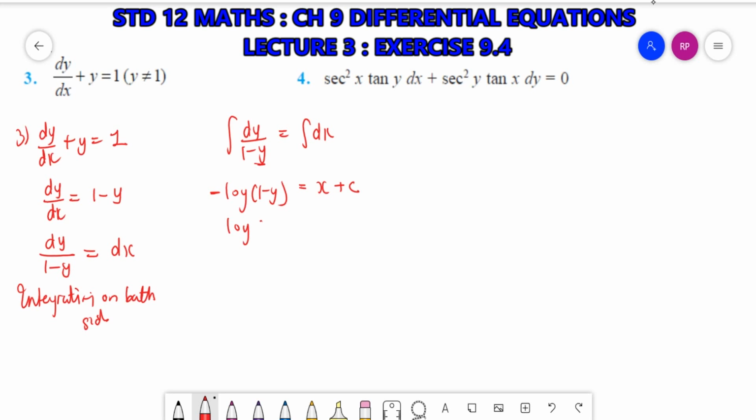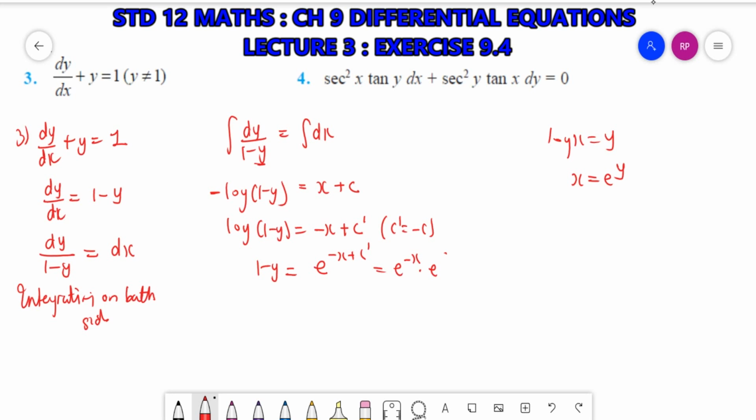So log of 1 minus y equals minus x minus c, or instead of minus c I can write plus c dash. When I want to remove log, we know that if log x is equal to y, x is equal to e raised to y. That means 1 minus y will be equal to e raised to minus x plus c dash, that is e raised to minus x into e raised to c dash.